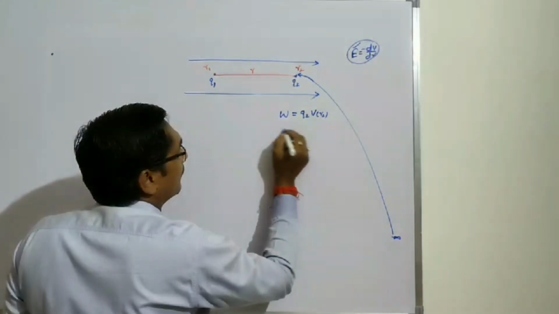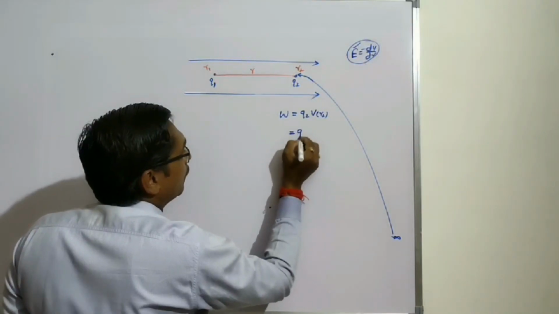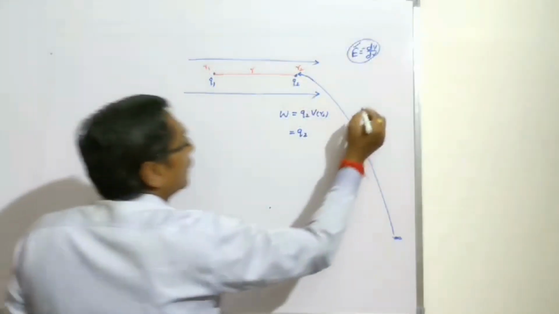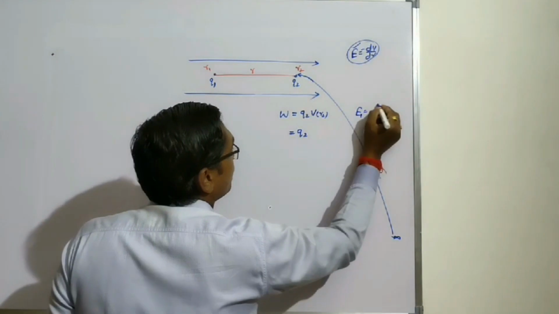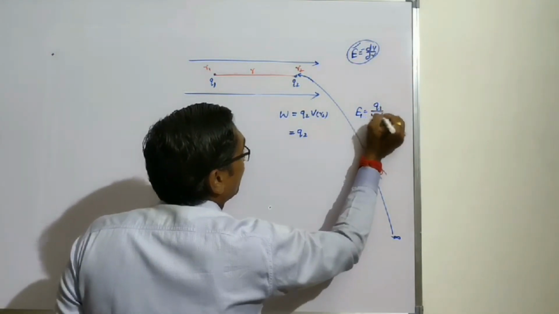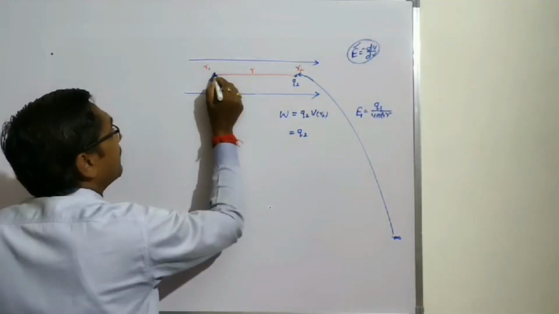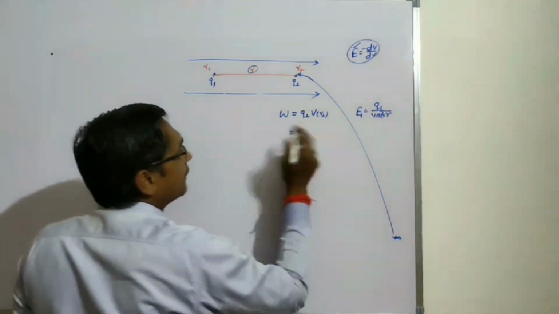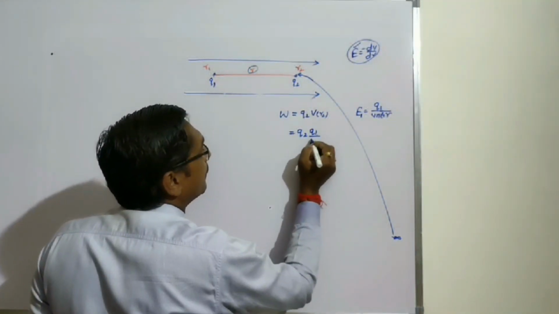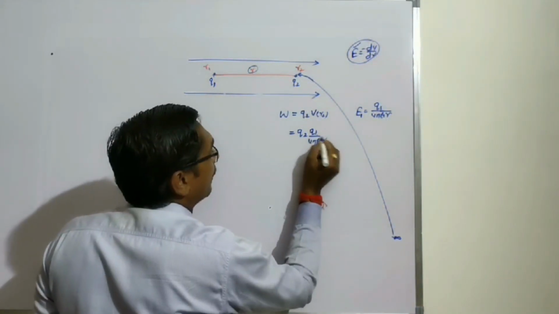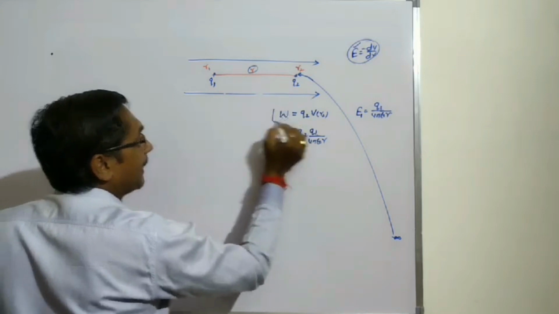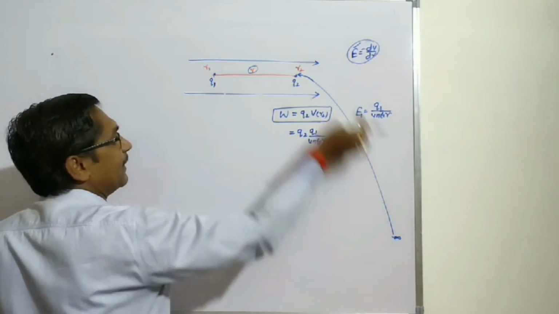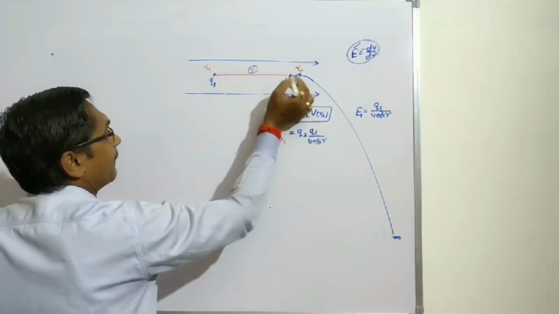So this work done is for the Q2 charge in the external electric field produced by Q1. The electric field produced by Q1 is Q1 upon 4 pi epsilon naught R, because the separation between these two charged particles is R. So the work done is Q1 upon 4 pi epsilon naught R. This is the work done to bring charge Q2 from infinity to a particular point in the external electric field R2.